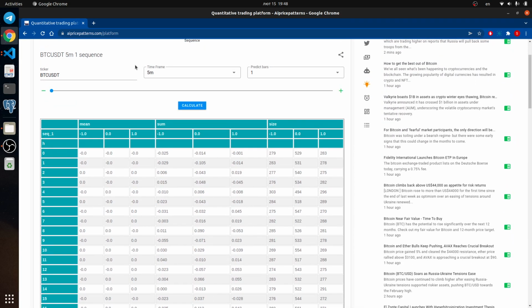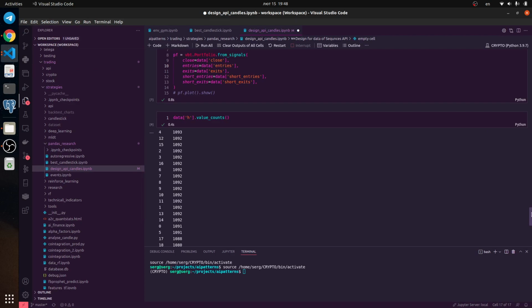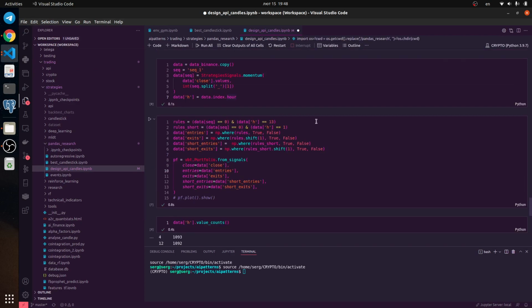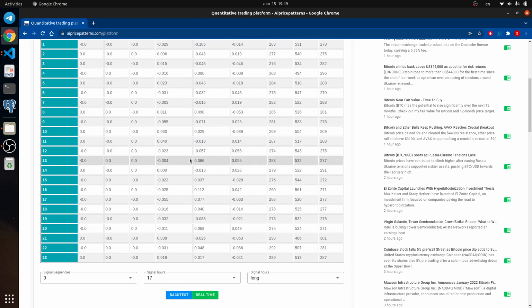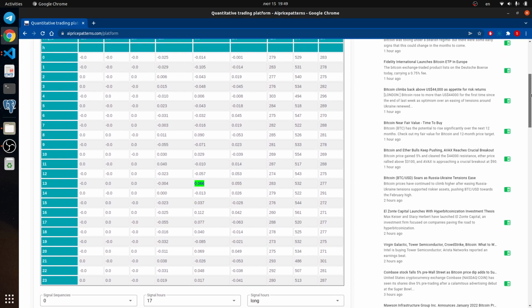For example, let's see in Python what happens if we test those features. Let's see what I test. I test this one. Okay, let's test, for example, 0. I would like to test 8, for example.